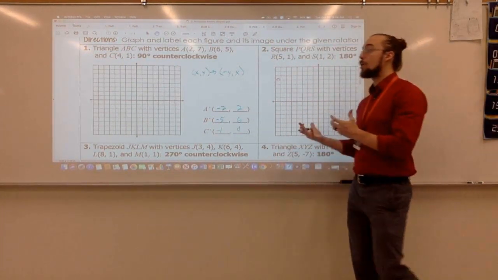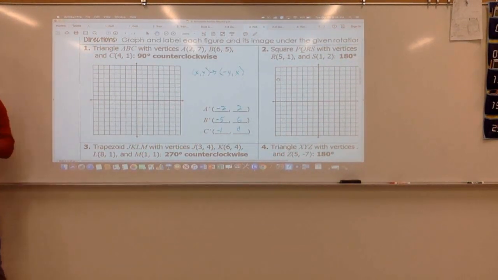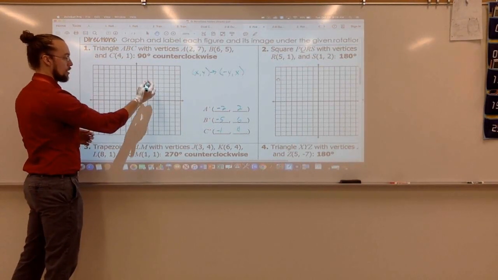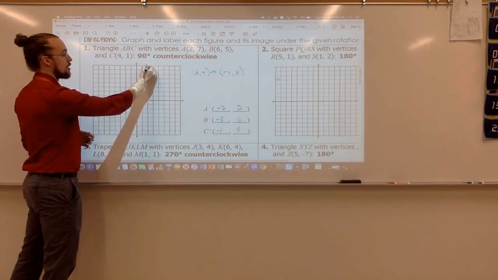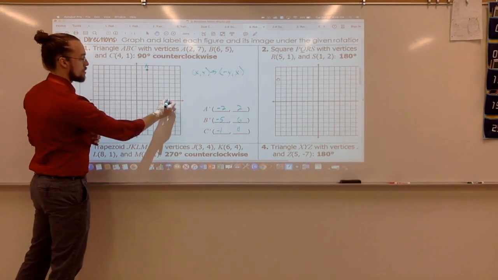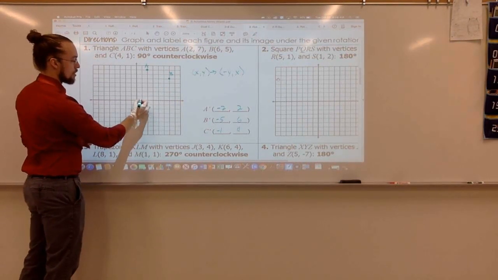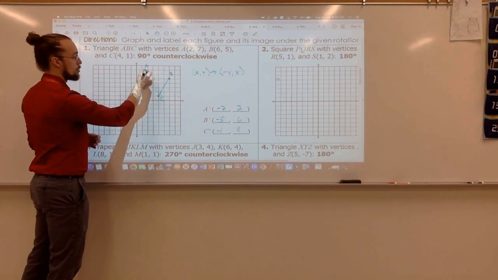Okay, so let's graph both of these. Let's graph our original points and our new points to see what's actually happening here. So point 2, 7. That's A. B is at 6, 5. C is at 4, 1. So here is my original triangle.